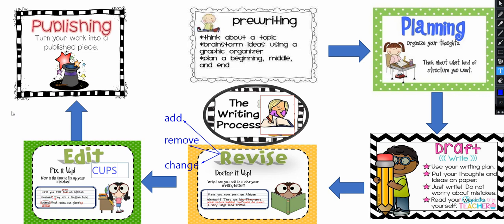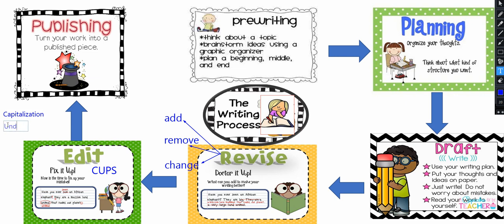C in CAPS is for capitalization. I check my capitals. I see if all the capital words are correct, if I wrote any name and I didn't write any capitals, if I wrote the name of a city and it's a capital, I check all my capitals.